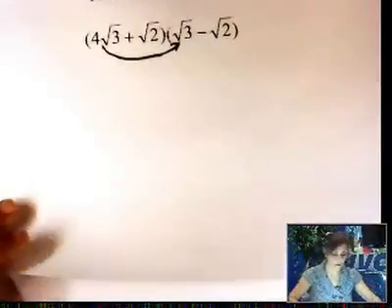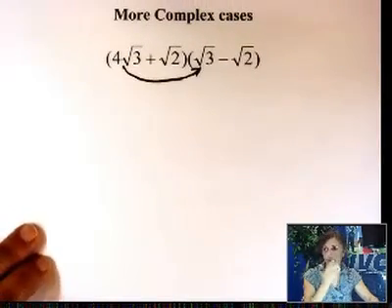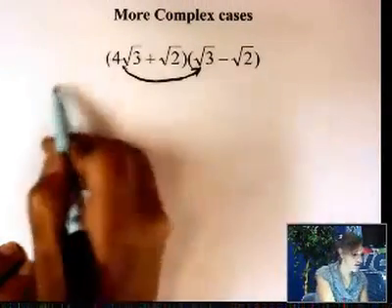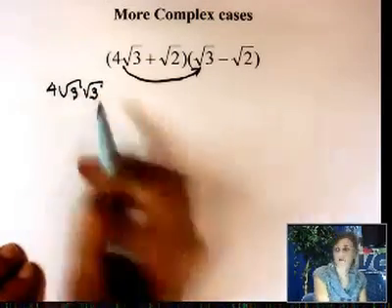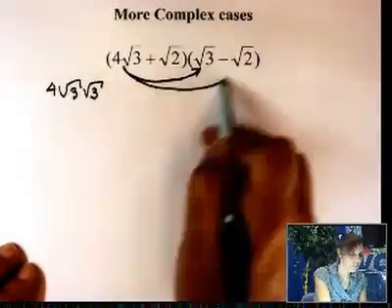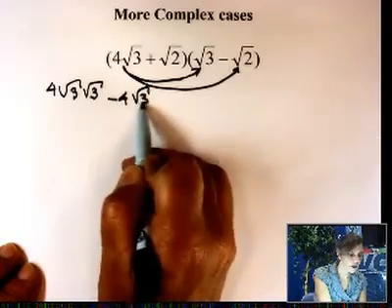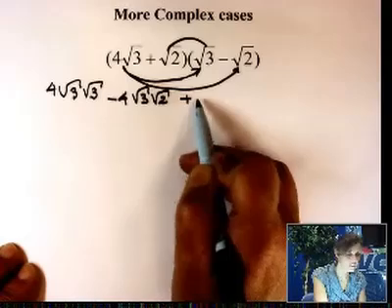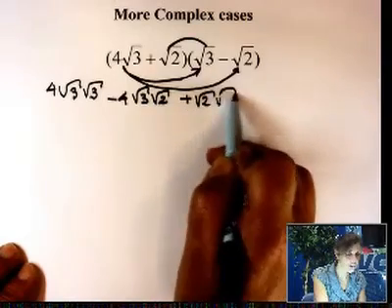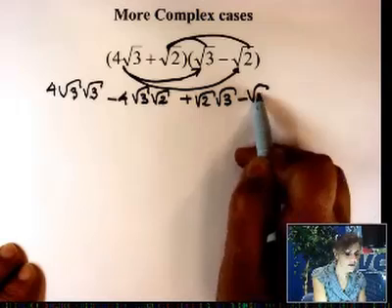The first one is 4, rad 3, rad 3. I'll write every step. The second one, minus 4, rad 3, rad 2. This one is plus, rad 2, rad 3. Last one is negative, rad 2, rad 2.